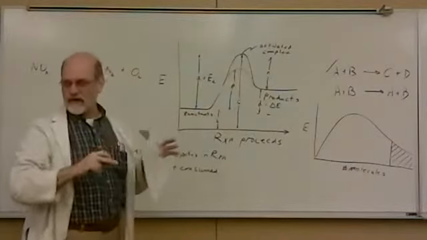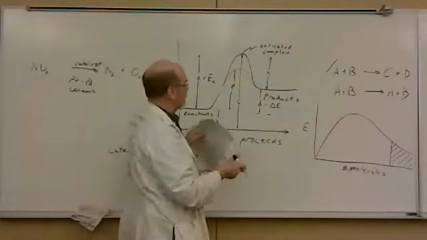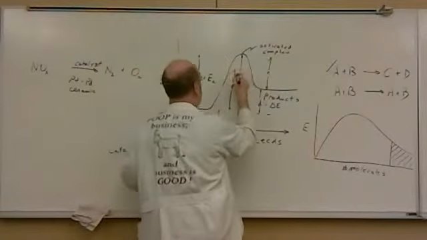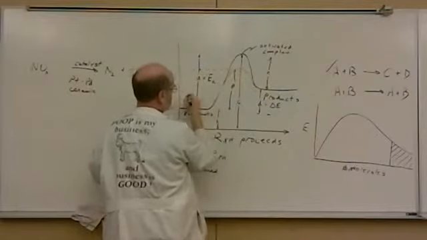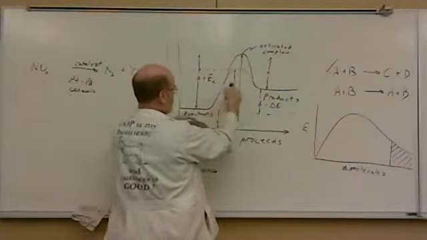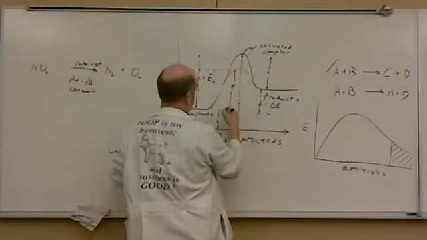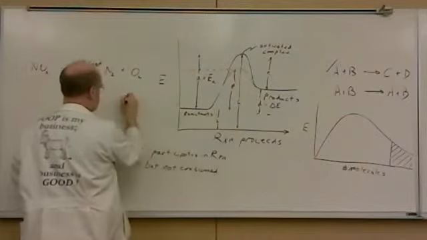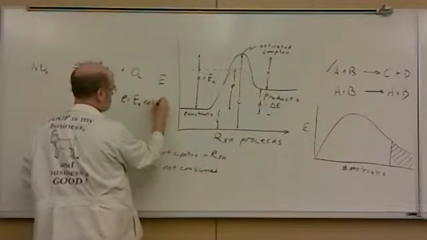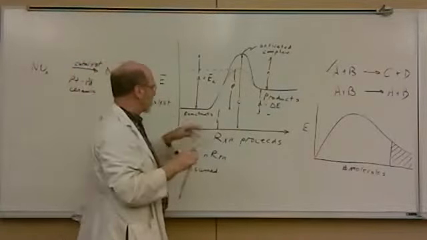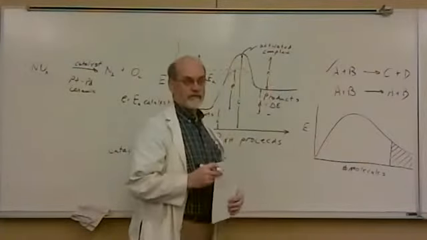It just gives the reaction an alternate pathway, and in the process, it reduces the energy required for, okay, so in that case, this E sub A is the activation energy for the catalyst. It takes less energy to get to an activated complex state and produce products.